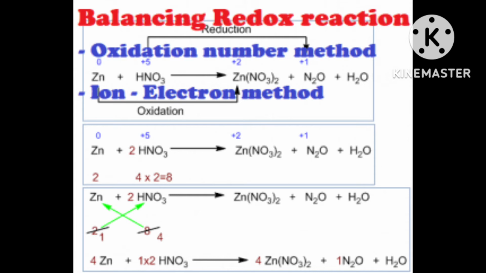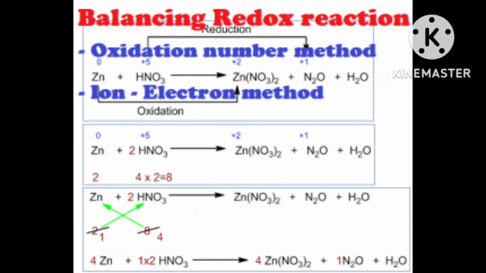And again you have to add the 2 negative charge on iron, with coefficient 3, that 6 also. Including the charge on iron, how much will come? 6 into 3, 18 plus 6, 24.